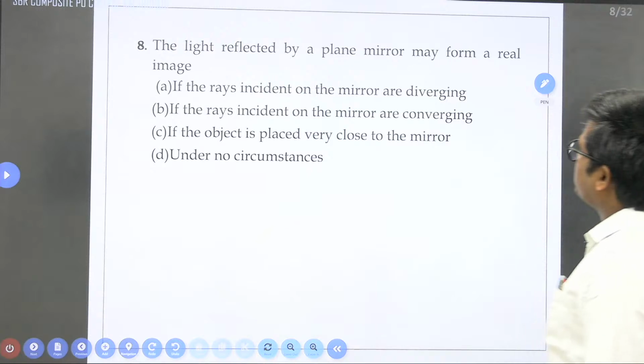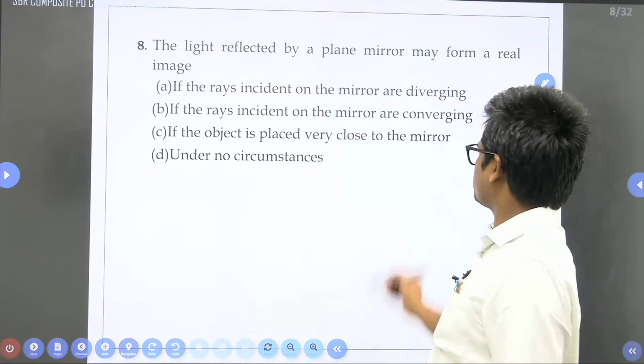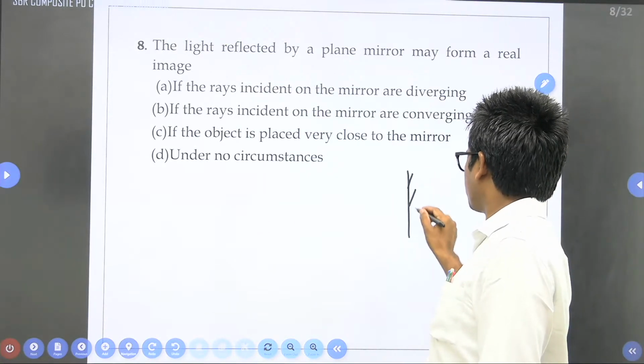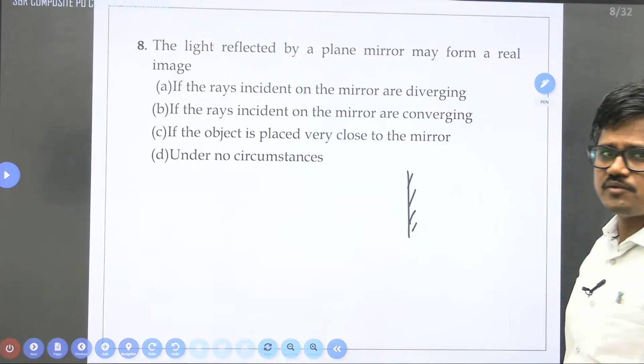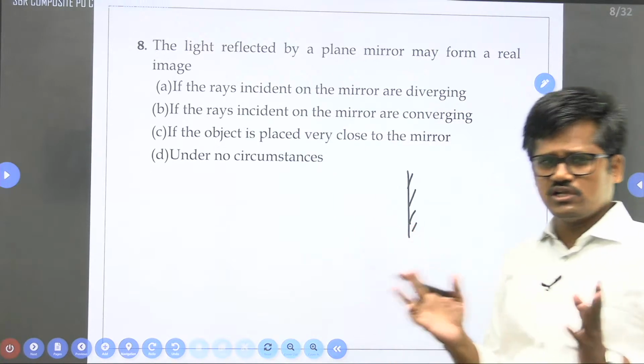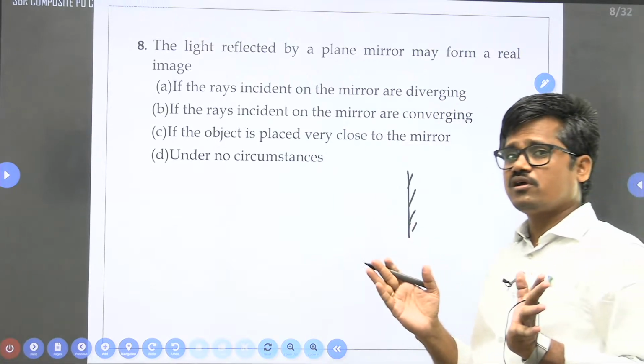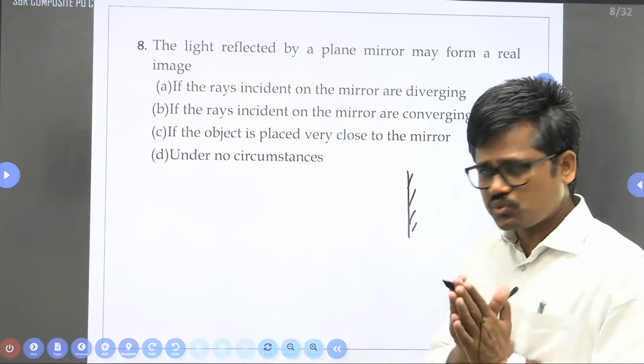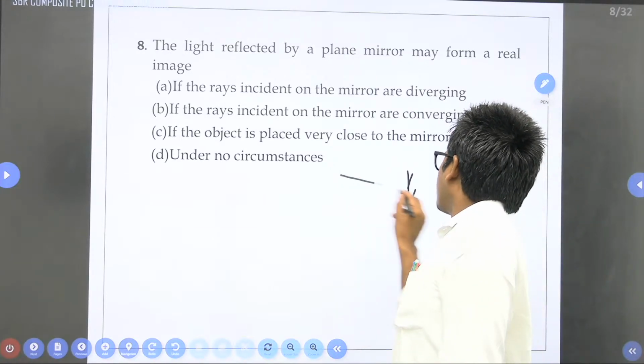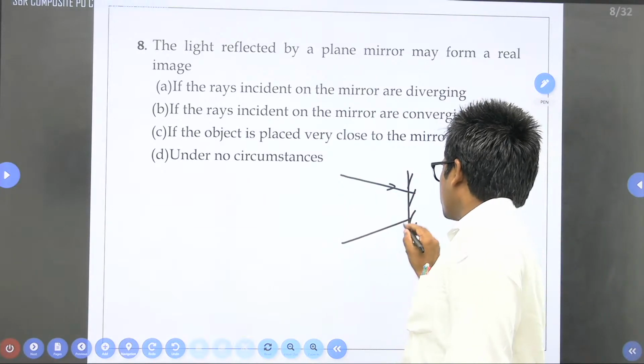The light reflected by a plane mirror may form a real image. Suppose this is the plane mirror. When will this form a real image? Usually for a real object, it will be a virtual image. But in this case, suppose rays are hitting the mirror in converging fashion.